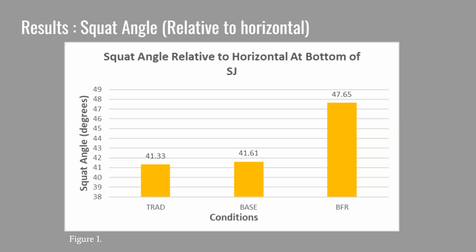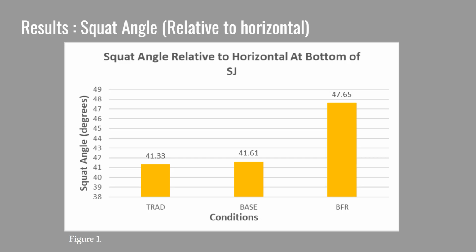Okay, so the first thing we got from our data: the squat angle relative to horizontal with BFR is greater. Our data is not significant, with no significant difference between the conditions. This is because all of our participants are close, they're active, and their age is close. Also, we had just 3 participants.